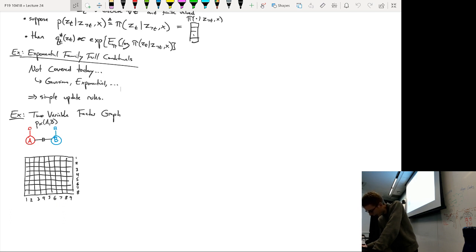So this is A, and this is B. We'll represent the probability distribution by shading in certain regions that are high probability.